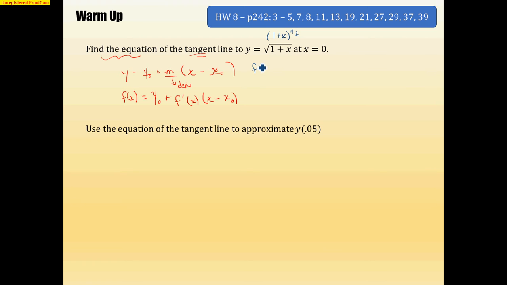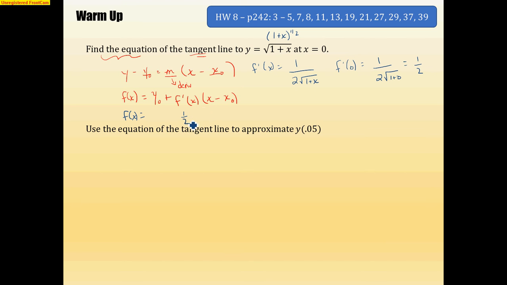So f prime of x is 1 over 2 times the square root of 1 plus x, times the derivative of the inside, which is just 1. Chain rule. So that's my derivative. Now what is my derivative at 0? One-half.